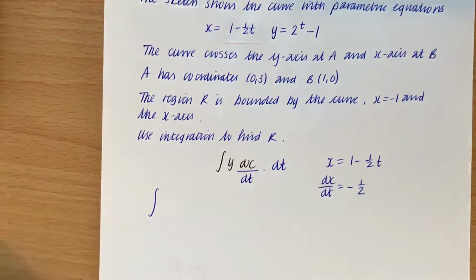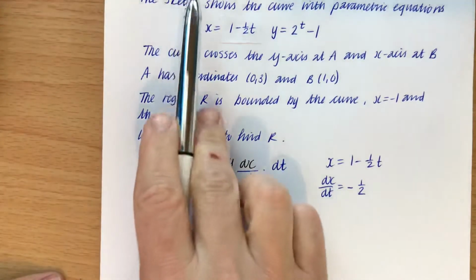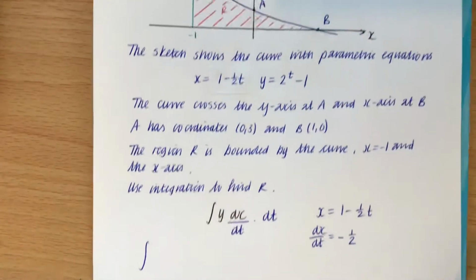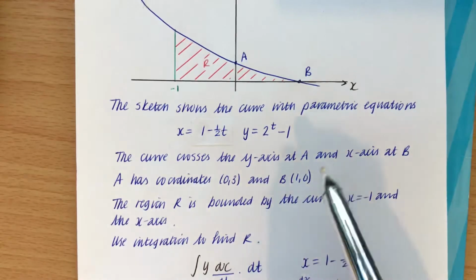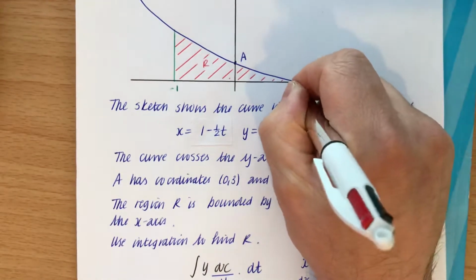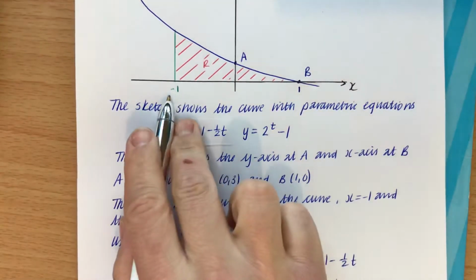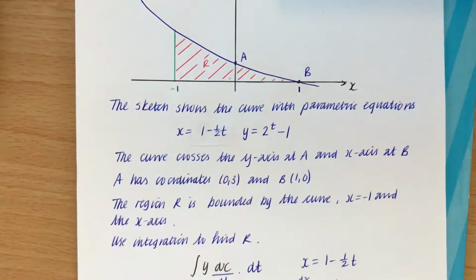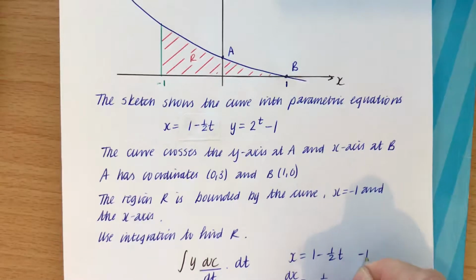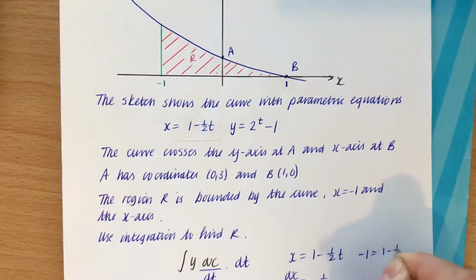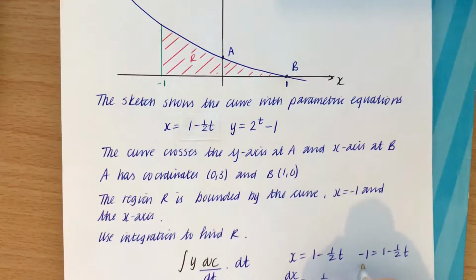So we are integrating from x is minus 1 through to x is 1. So from minus 1 to 1 for x. So x is minus 1, so minus 1 equals 1 minus a half t.